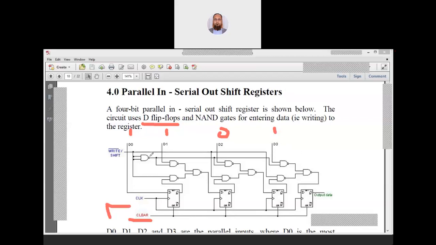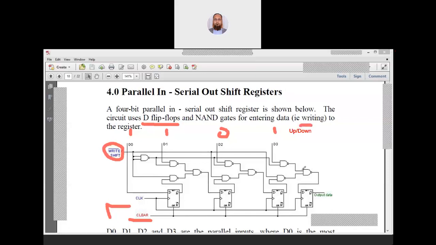There is one more signal, and its name is write bar slash shift. We have seen a similar signal for the up slash down bar counter. This is just to remind you: up slash down, and down was the complement form.